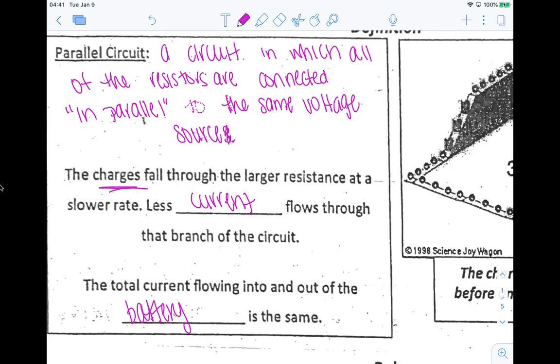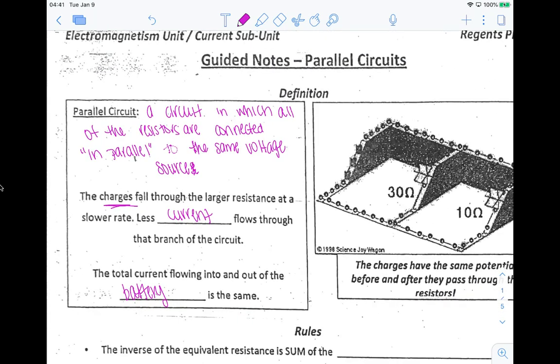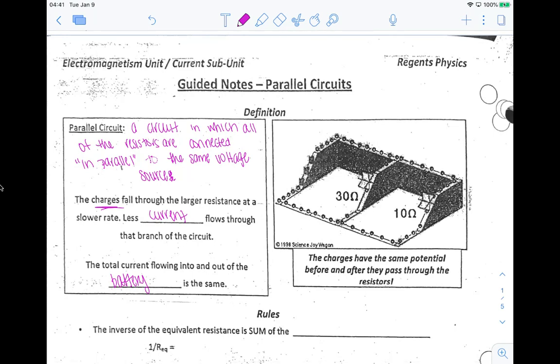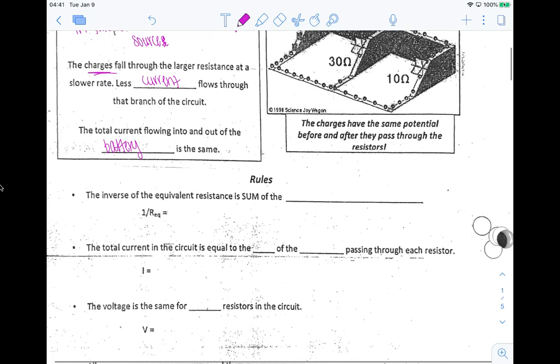When we talk about parallel circuits, we are looking at the parallel circuit rules, which are found on page 4 in your reference table. If we're solving for total resistance, the inverse of your equivalent resistance is the sum of the inverses of each resistance.